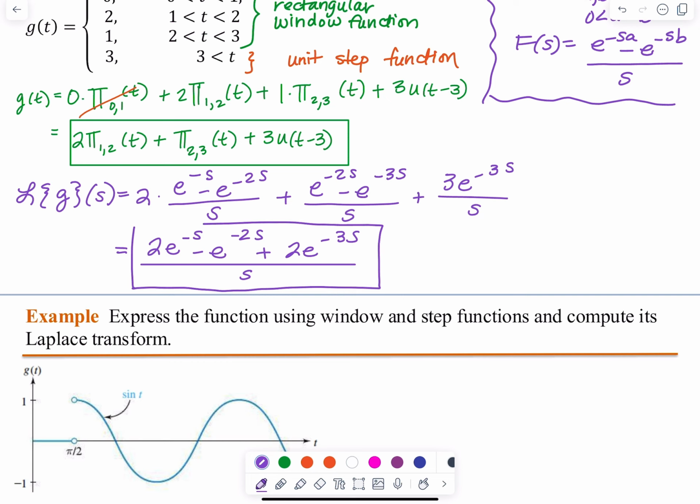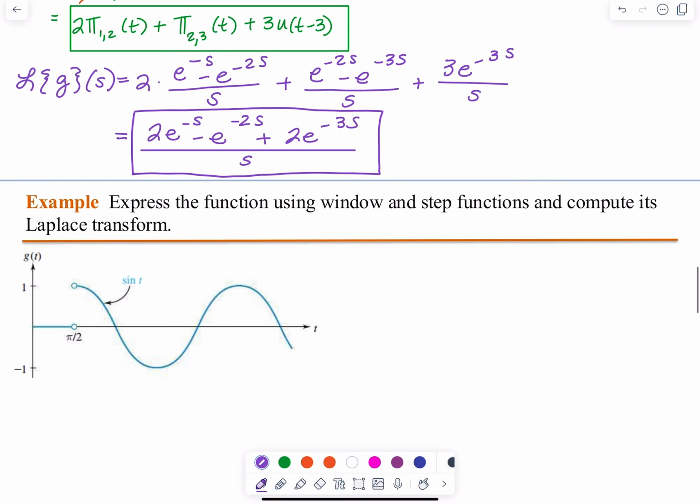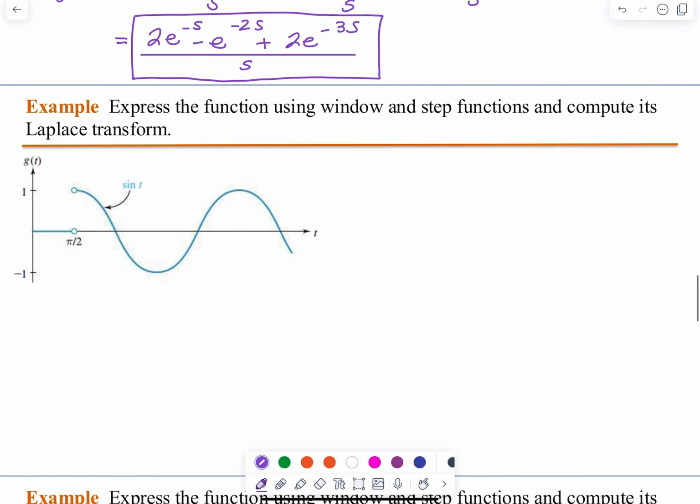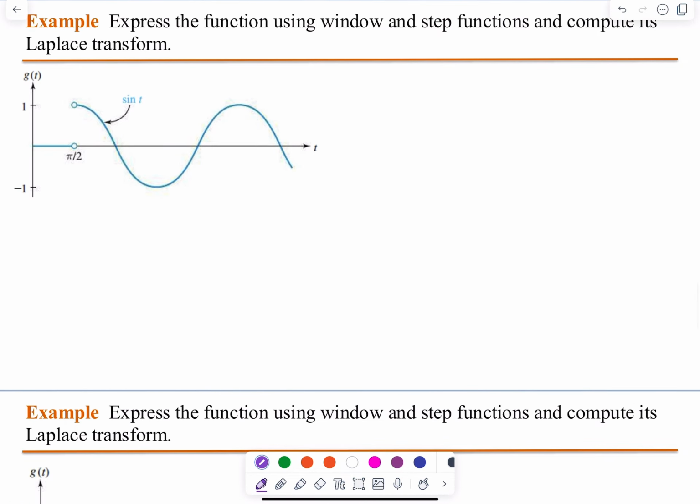Okay, let's look at our next example. Express the function using the window and step functions and then compute its Laplace transform. Let's first take a look here at our graph. You can see here that we have g of t is equal to 0 when t is less than pi over 2.